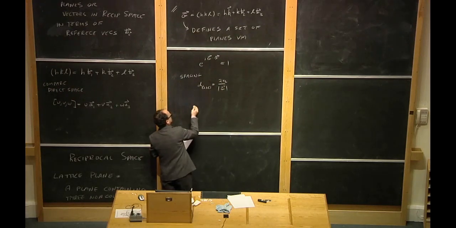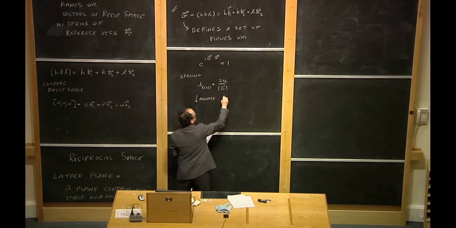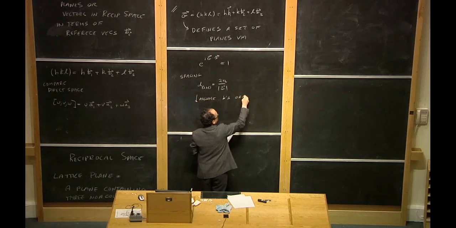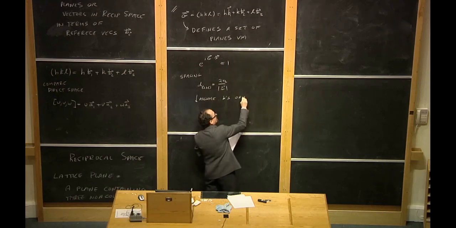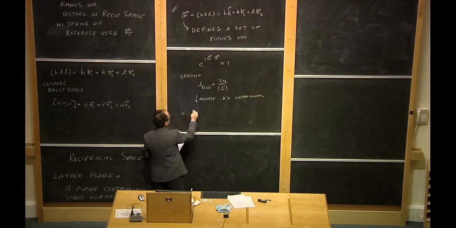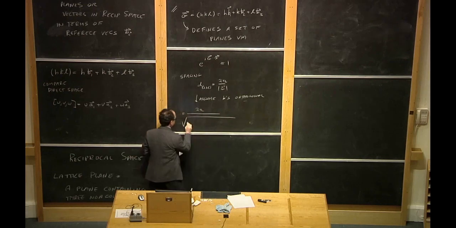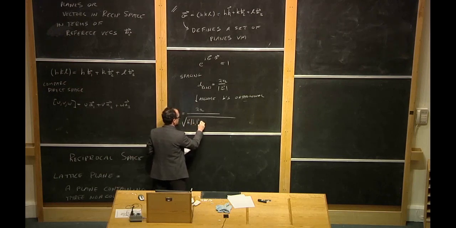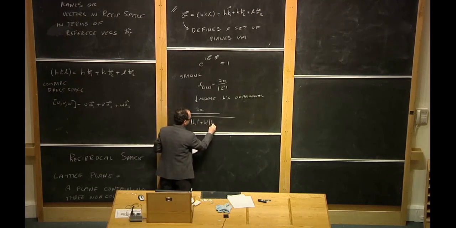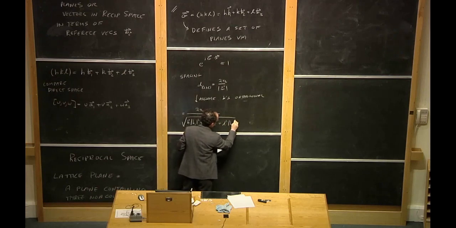I guess assuming orthogonal axes, b's orthogonal, or a's and b's orthogonal. Then we can write that as 2 pi over the square root of h squared absolute b1 squared plus k squared absolute b2 squared plus l squared absolute b3 squared.